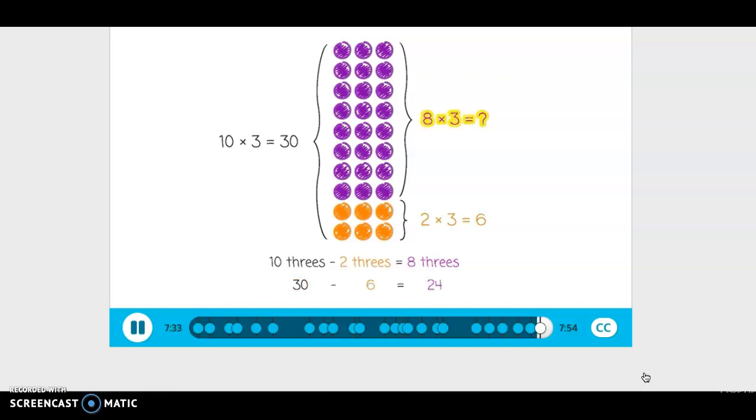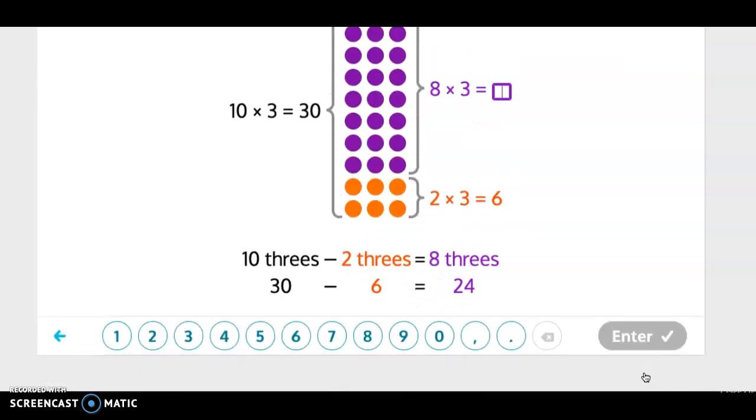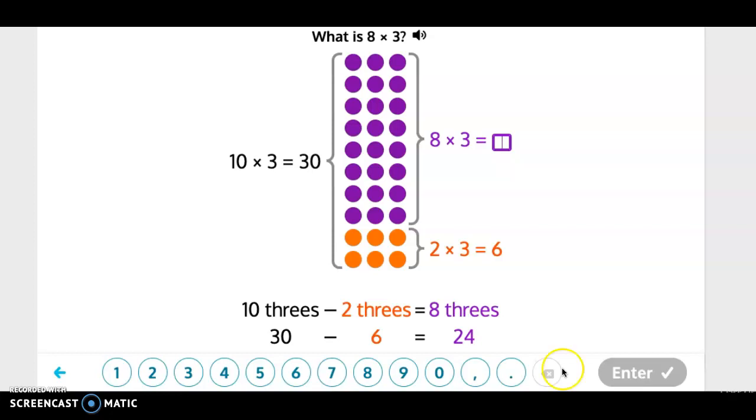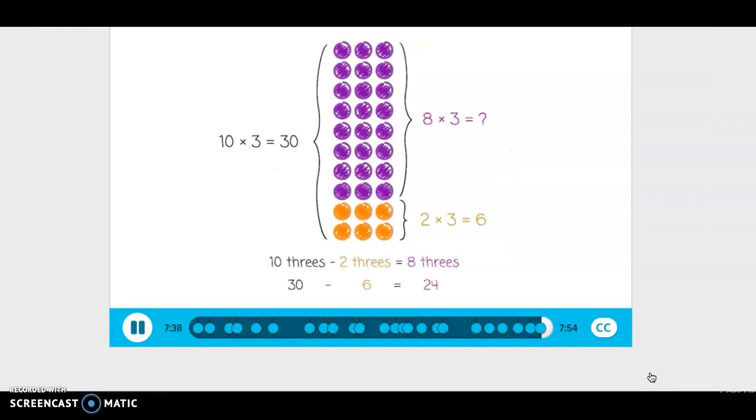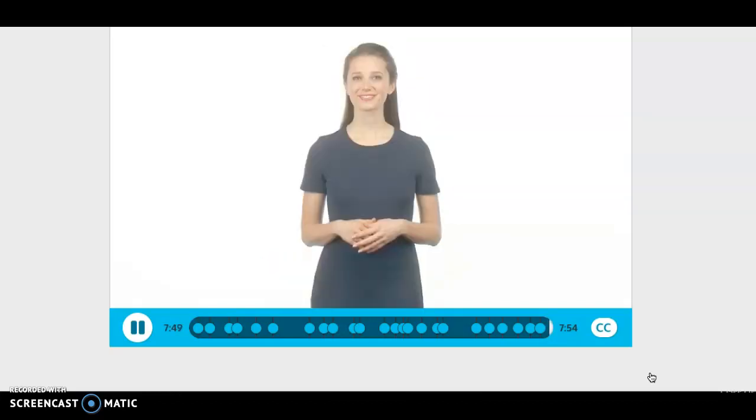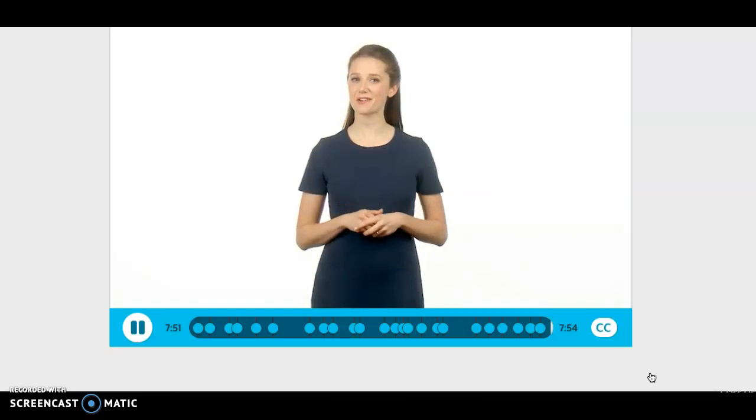So 8 times 3 equals 24. We found this by subtracting with easier facts. 10 threes minus 2 threes. Keep showing that effort in the Tower of Power.